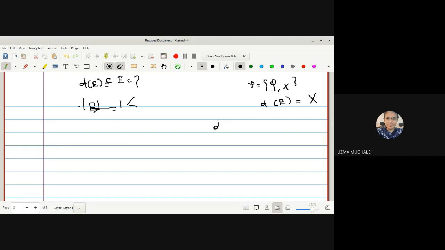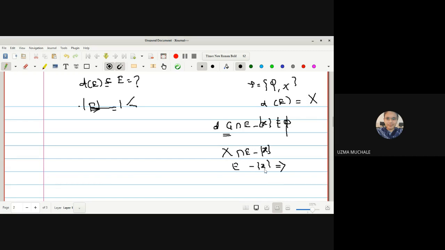What was the consideration? G intersection (E minus {x}) should not be equal to the empty set. And if I want to find this, what is the open set which contains x? The only open set is X itself, because we have only two open sets in this case. So X intersection (E minus {x}). We know that as E is a subset of X, this is E minus {x}.